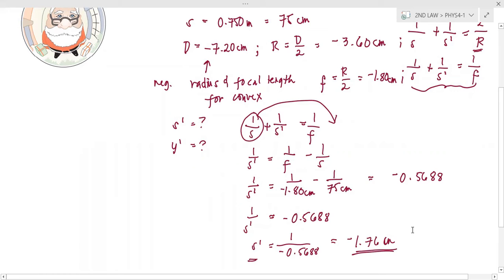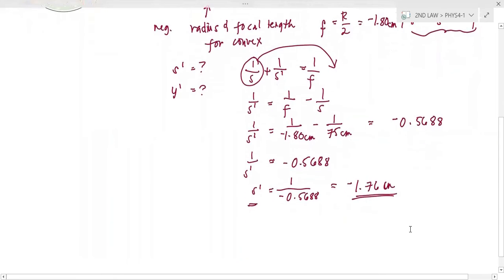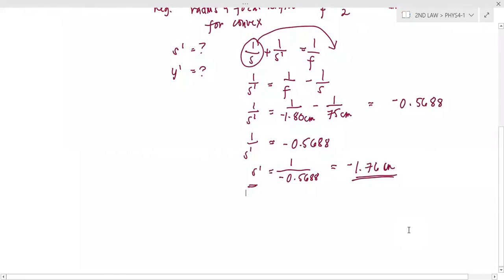Now what about Santa's height? To get the height of Santa, or the image of Santa that was formed in the ornament, we will use our lateral magnification formula, that is negative s prime over s.